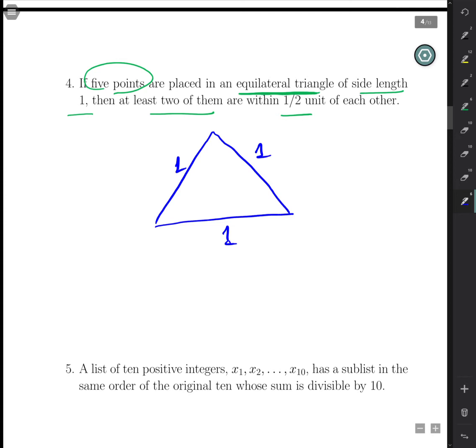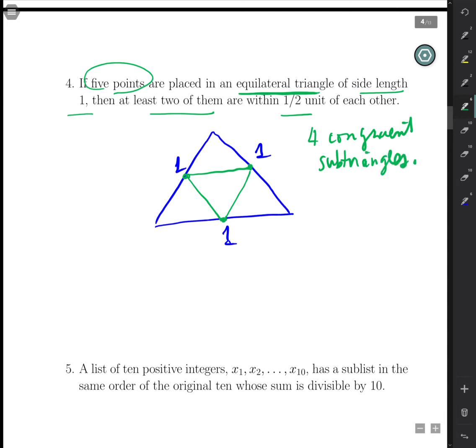Now what I'm going to do is divide it into 4 pigeonholes, 4 boxes. For this, I'll take our green color and draw the midpoints and draw these 4 congruent subtriangles.